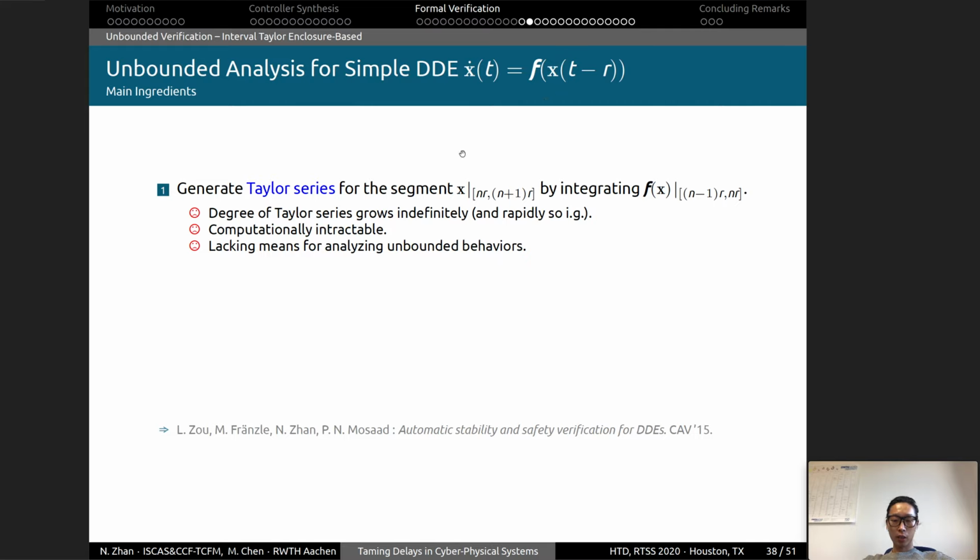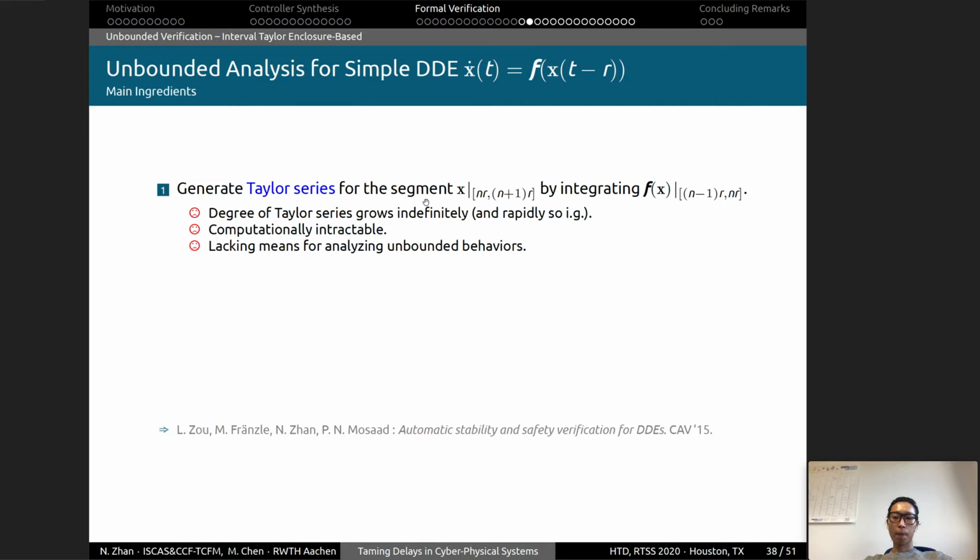The idea is based on the following observation. If we integrate the flow field F on the delay interval from (n-1)r to nr, then what we get is actually the Taylor series for the segment solution in the next step.